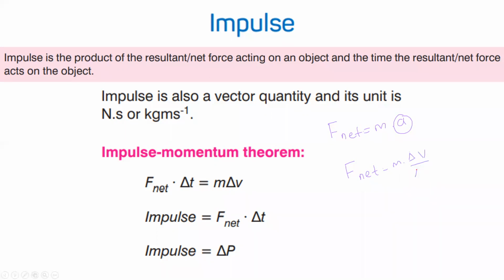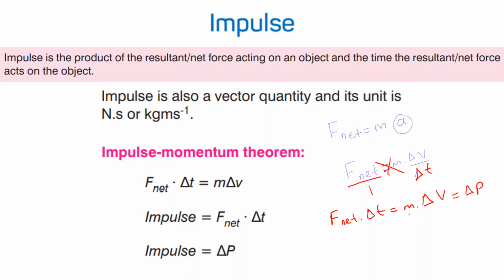You remember that from motion, delta v over delta t. All right, when you do cross multiplication, F net times delta t equals m times delta v. And m times delta v is equal to delta p, impulse.